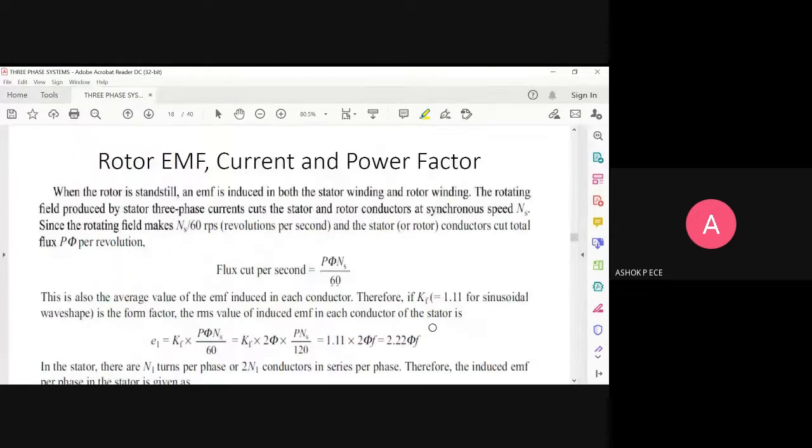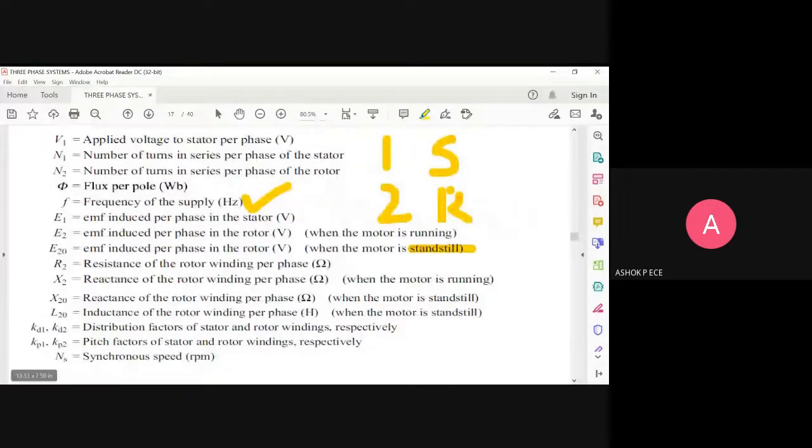So whenever we are going to deal with the windings, we'll be using these parameters KD1, KD2, KP1, KP2. KD1 and KD2 are the distribution factors of stator and rotor, and KP1 and KP2 are the pitch factors of stator and rotor. See, these parameters will automatically come for any winding based derivation. So we will not go deep into what is distribution factor and pitch factor.